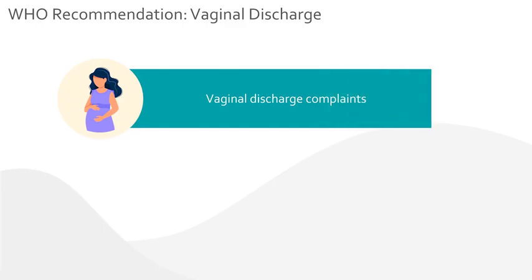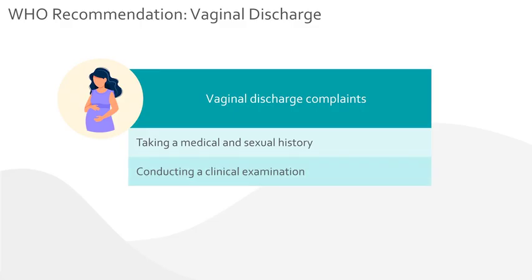For women complaining of vaginal discharge, good practices include taking a medical and sexual history to assess any likely risk of exposure to STIs, conducting a clinical examination, including an abdominal examination to exclude abdominal tenderness, rebound tenderness, or palpable masses, and an external vulvovaginal examination to observe any lesions, overt genital discharge, vulval erythema, and excoriations.